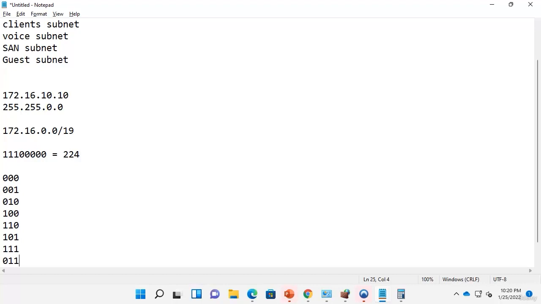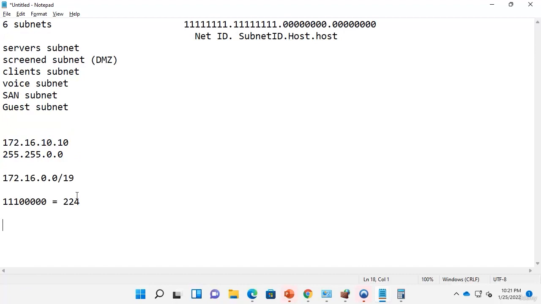All you're doing is taking the default subnet mask and extending it. I jumped to 19 to save us some time. Let's just say you extend it 1 bit, which in decimal form would be like that, right? 2 to the first only gives you 2 subnets.